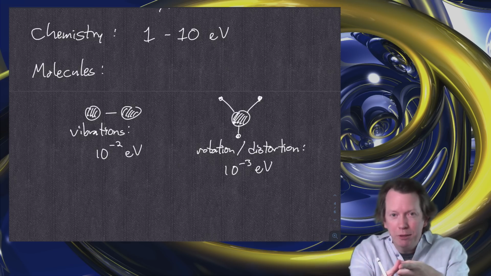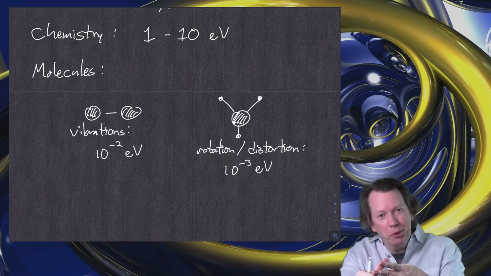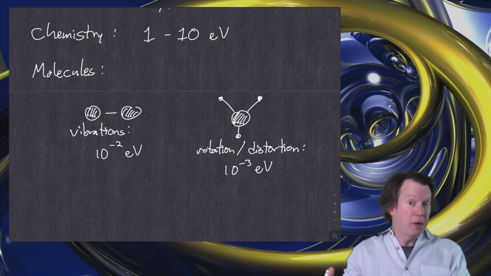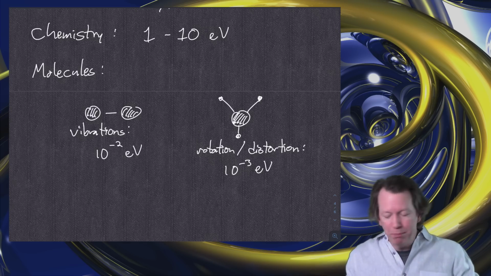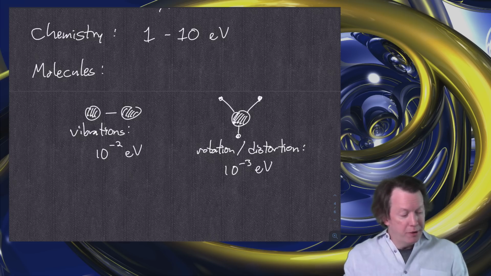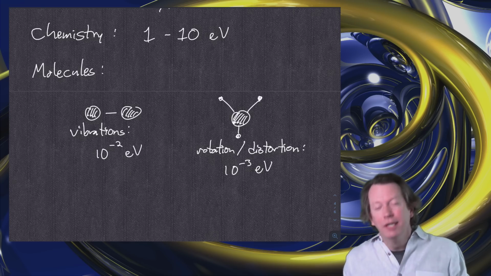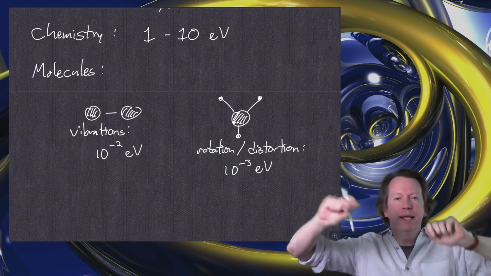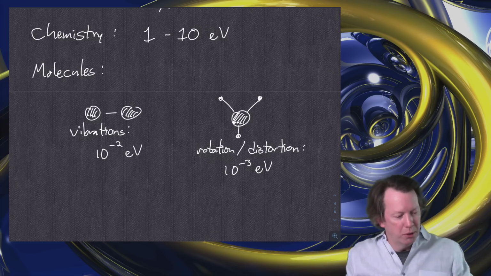So bigger spatial scales, bigger temporal scales means lower energy scales. So that's what you get. I'm not deriving the number, but I'm trying to justify that's basically where it comes from. Of course, the real world is built out of much, much heavier, complicated molecules than that. So you get even lower and lower energies once you get to long hydrocarbon chains. They can wiggle around. They have all sorts of different modes.